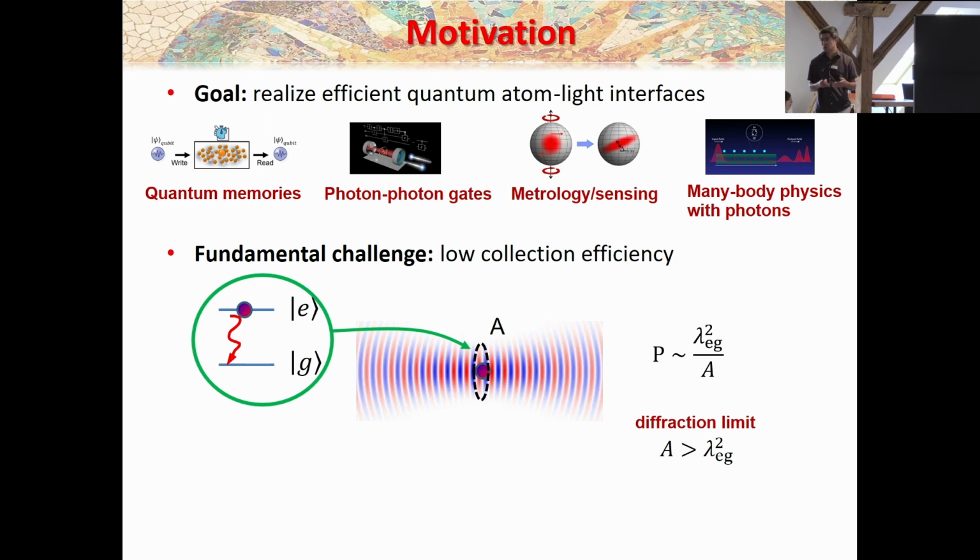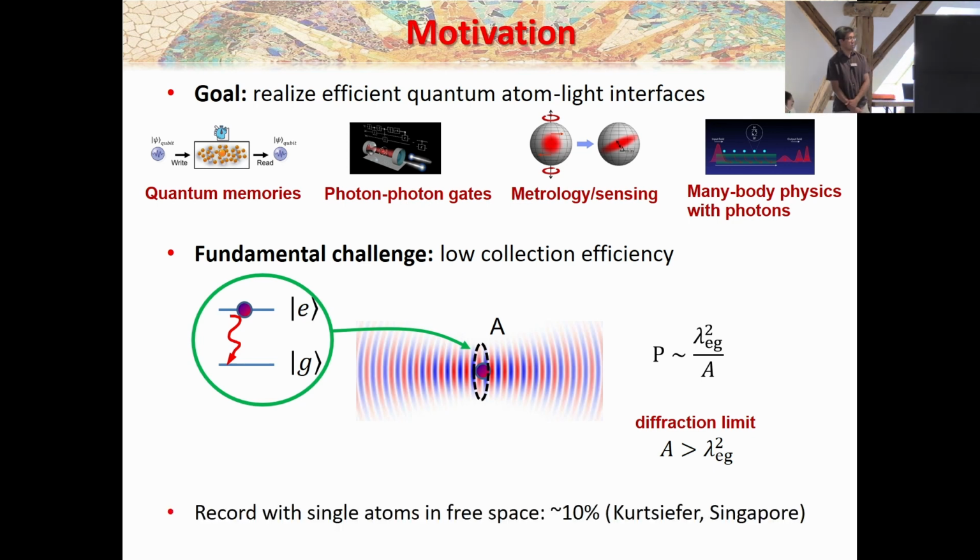So you can't just focus a beam arbitrarily tightly either. And so when you put in the real coefficients and real experimental considerations, if you were to try and literally build this experiment, you would have a coupling efficiency or collection efficiency of 10%. So every time that the atom emits a photon, and releases some quantum information, you only get it 10% of the time, and 90% of the time, it's lost.